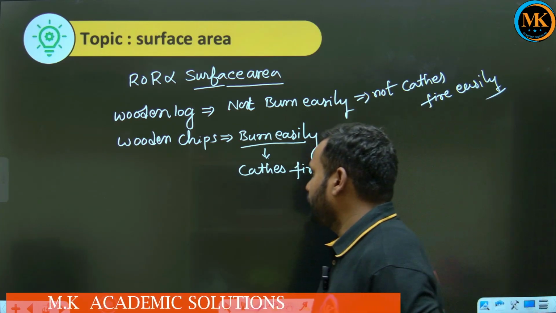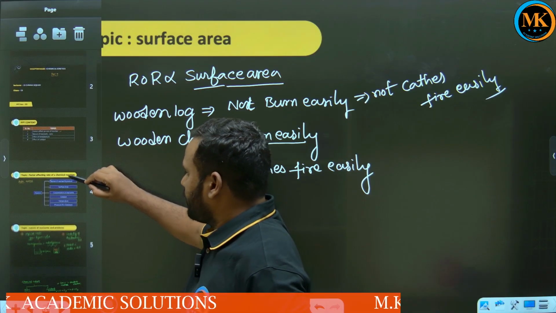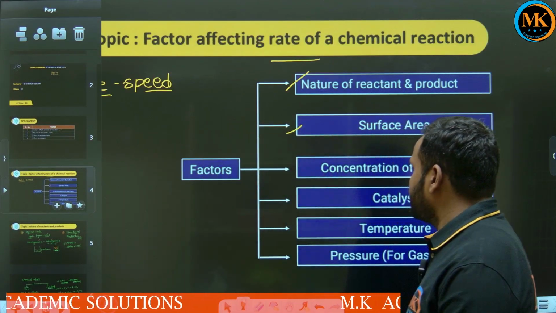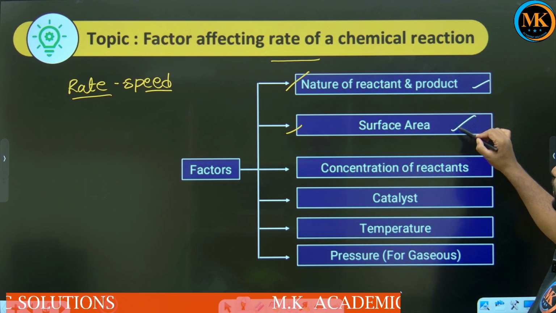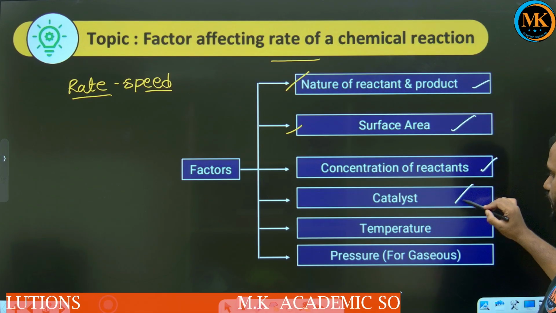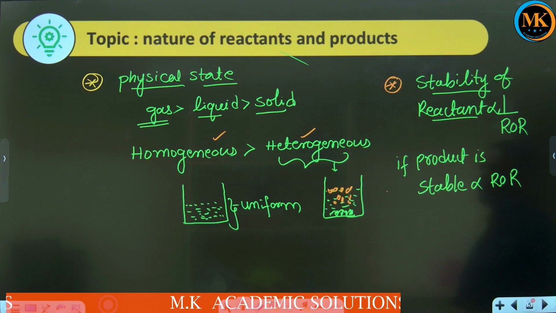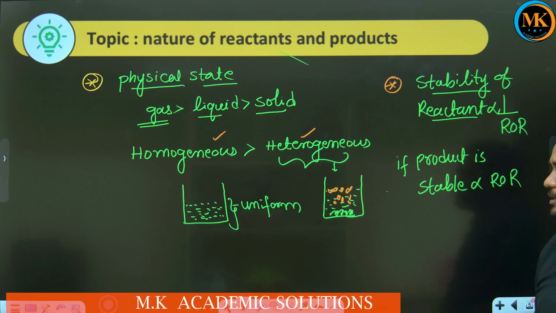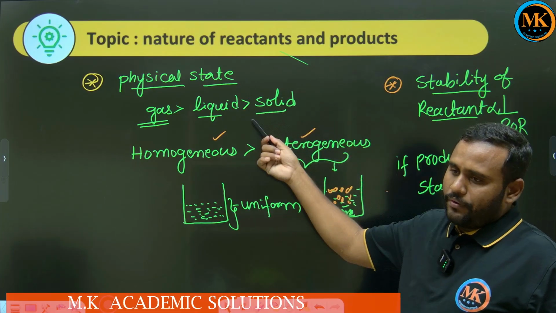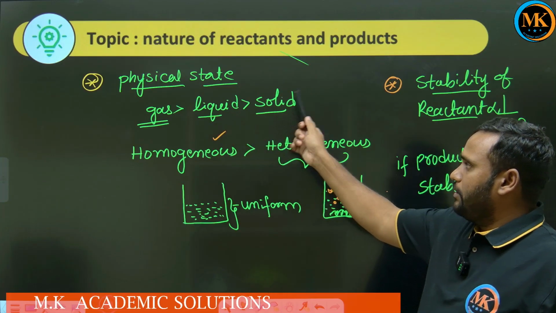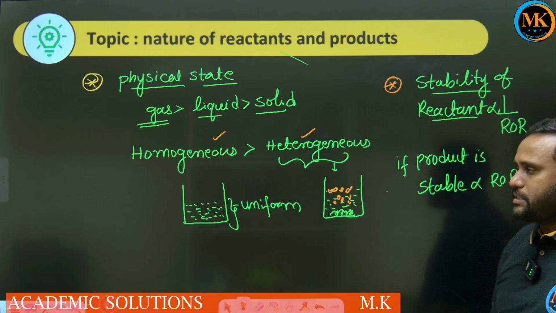We discussed the nature of reactants and products, surface area, concentration of reactants, catalyst, temperature, and pressure. In the nature of reactants and products, first the physical nature: gas is greater than liquid, liquid is greater than solid, and homogeneous reactions are greater than heterogeneous reactions.